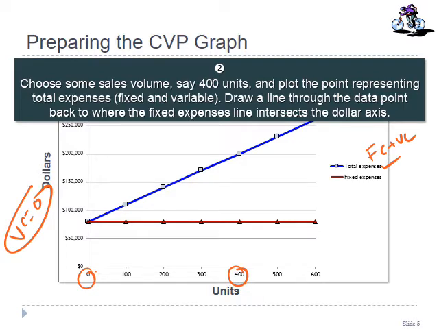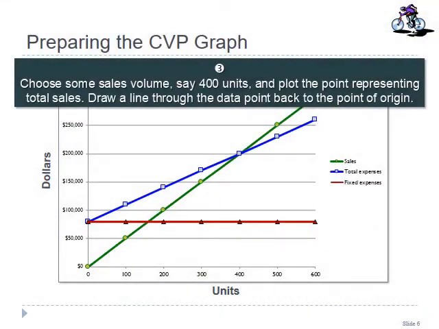Fixed cost plus the variable cost. You go back to that table a couple of slides earlier, and you find that 200,000 is our total variable and fixed cost. So you just connect the line. The blue line represents the total of variable and fixed cost.